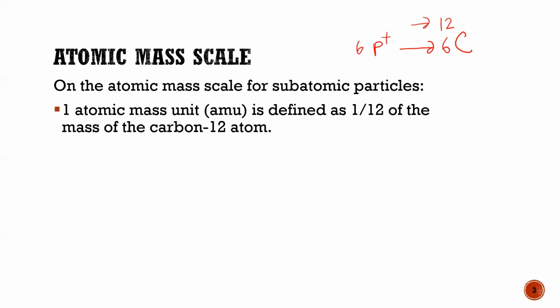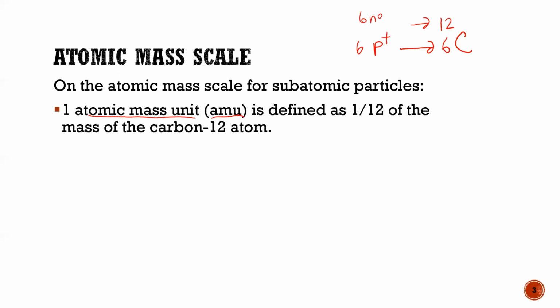And remember, that number is the number of protons and neutrons, so it also has 6 neutrons. It's an even number, 6 and 6. So they divide it by 12 and get what's referred to as 1 AMU. An AMU is an atomic mass unit.